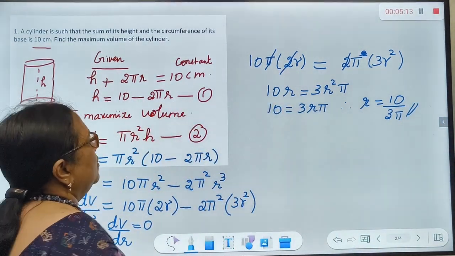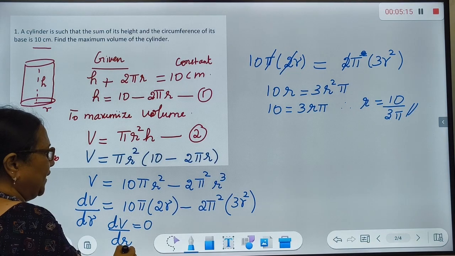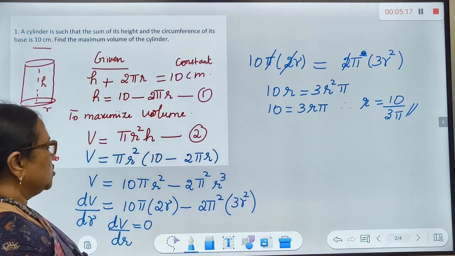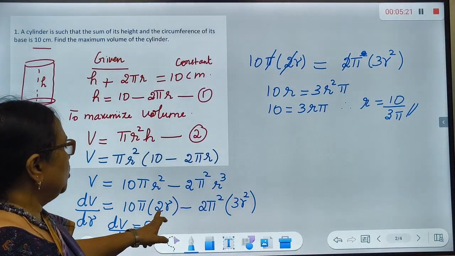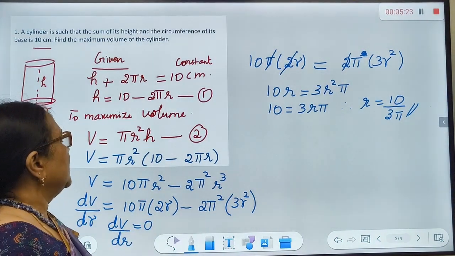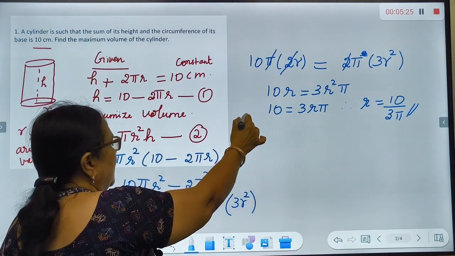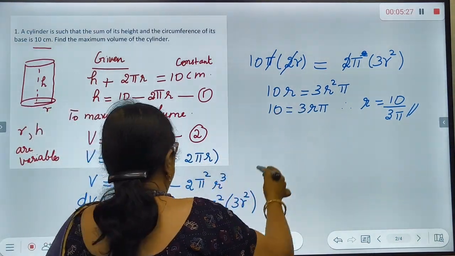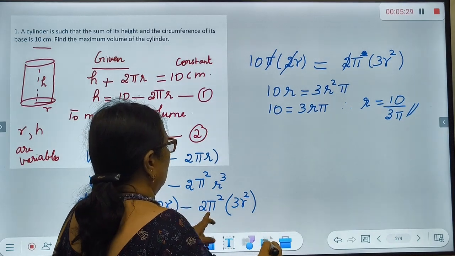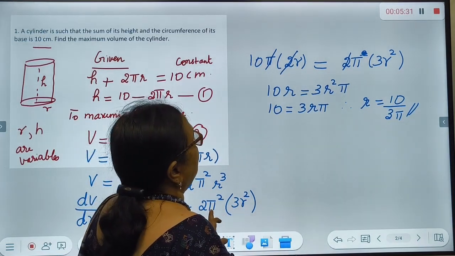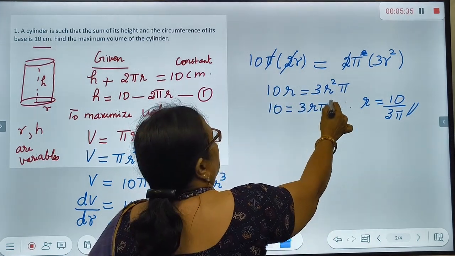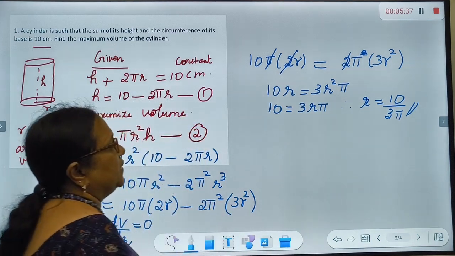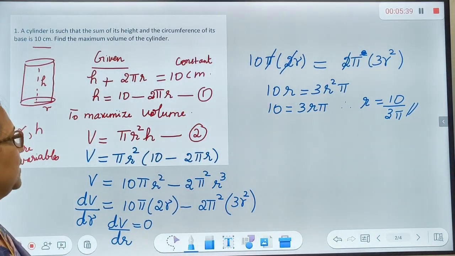So, I've equated dV by dr to 0, 1 pi gets cancelled, and 2 gets cancelled, and you are left with 10r equal to 3r square pi, or 10 equal to 3r pi, or r equal to 10 by 3 pi.